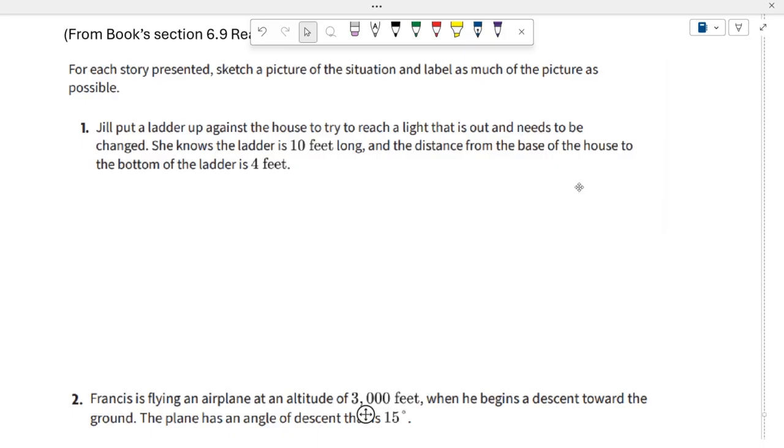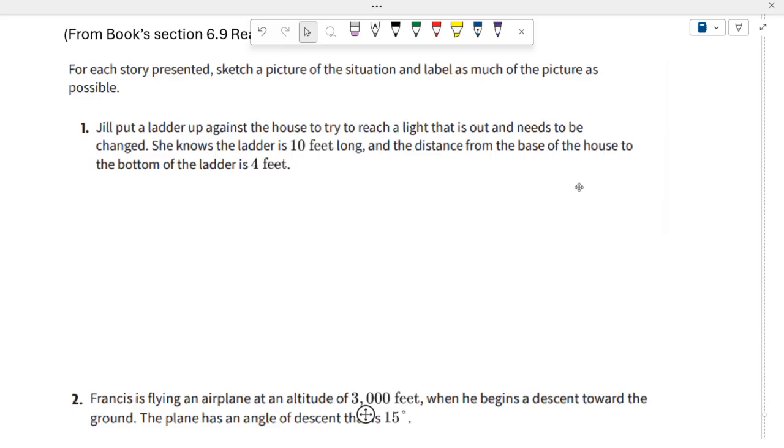But my drawings are going to be very sparse, very minimalistic. And they're also not always going to be drawn to scale. I'll try to keep them to scale when it's reasonable, but for some of these questions, drawing them to scale just isn't feasible, and we'll get to those in a little bit.